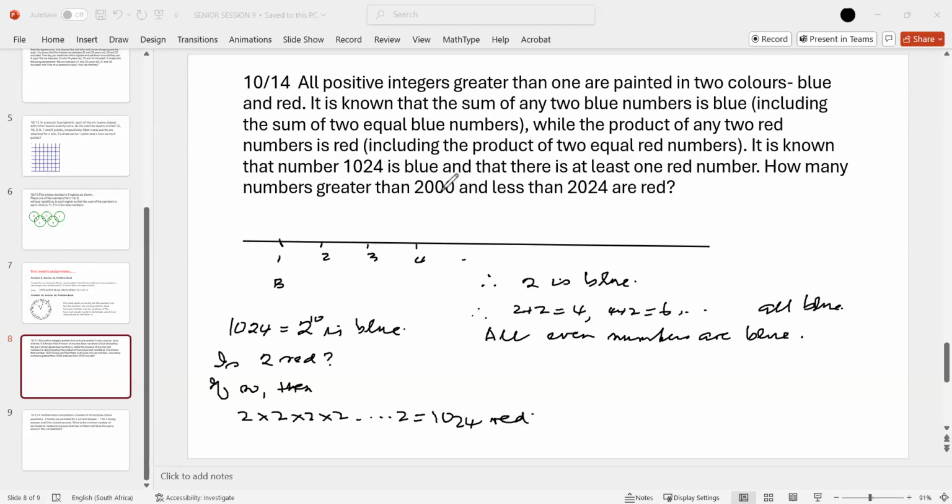Now this asks how many numbers greater than 2000 and less than 2024 are red, but you know all the even numbers in between are blue. So now we don't know anything about the odd numbers. But they tell you there is at least one red number.